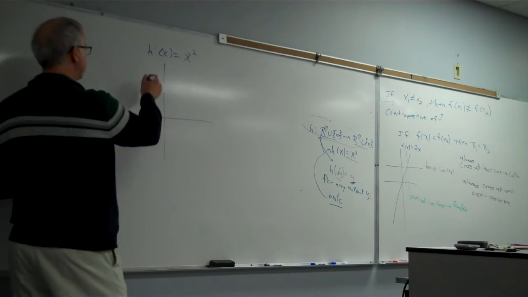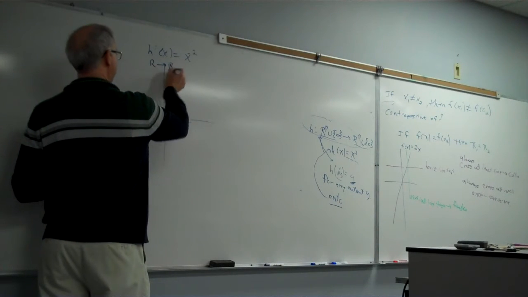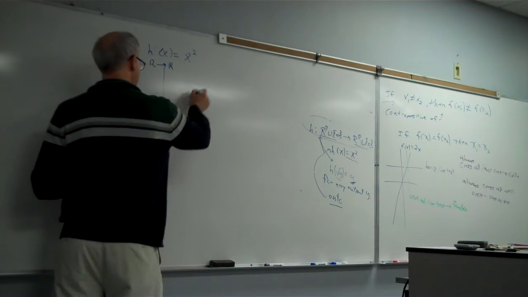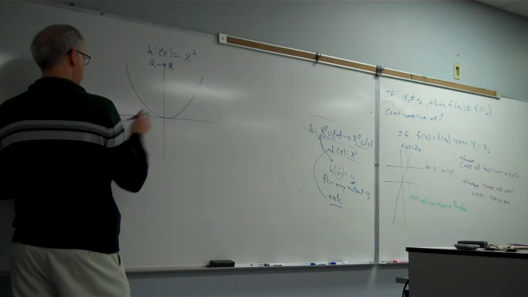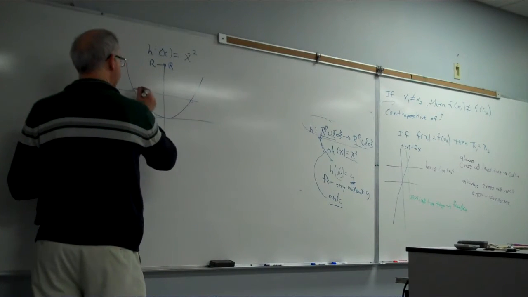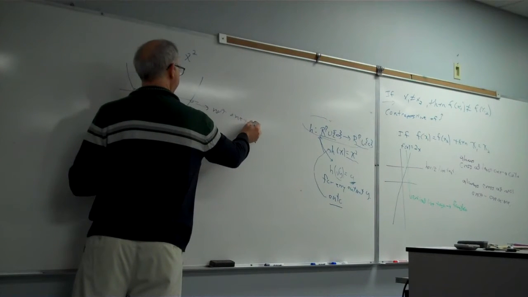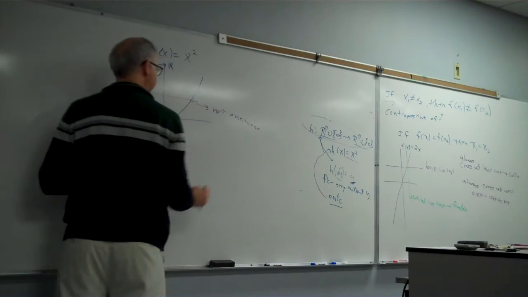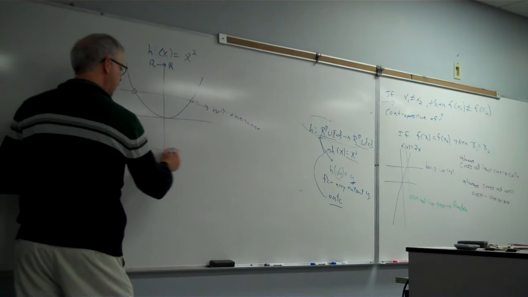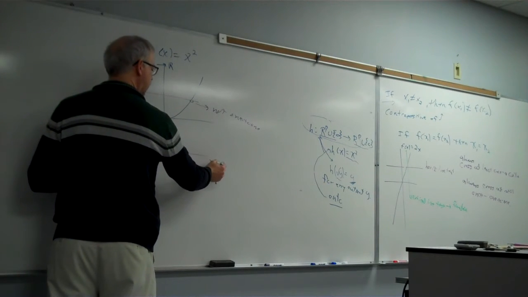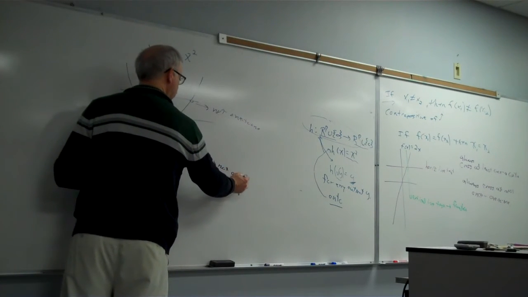So when we were going reals to reals, this horizontal line crossing twice is what tells us it's not 1 to 1. The horizontal line down here not crossing at all tells us this function is not onto.